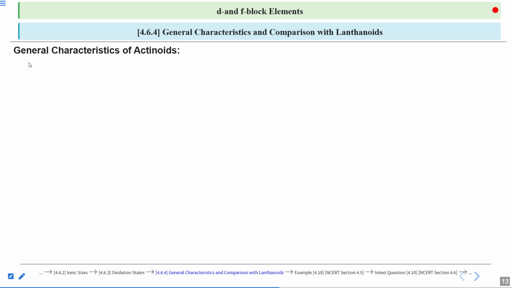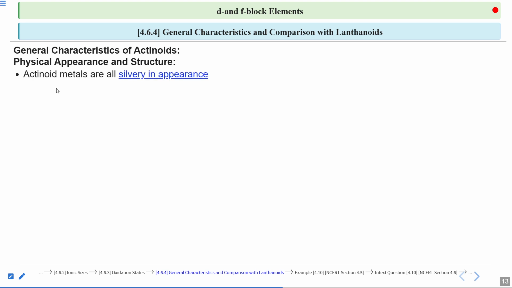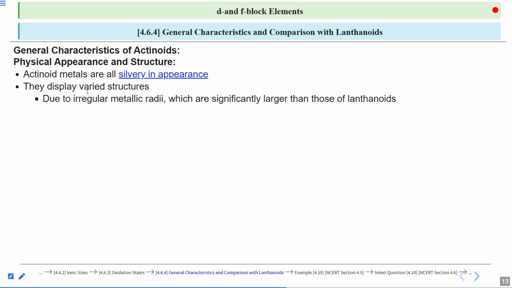So let's see the general characteristics of actinoids. First, physical appearance and structure. Actinoid metals are all silvery in appearance. They display varied structures due to the irregular metallic radii, which are significantly larger than those of lanthanoids.